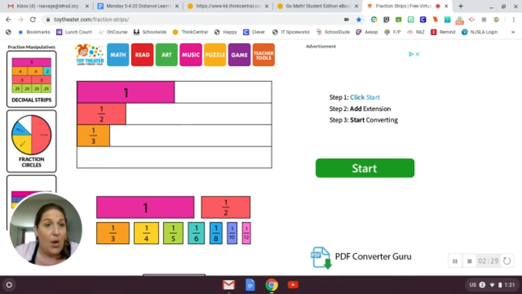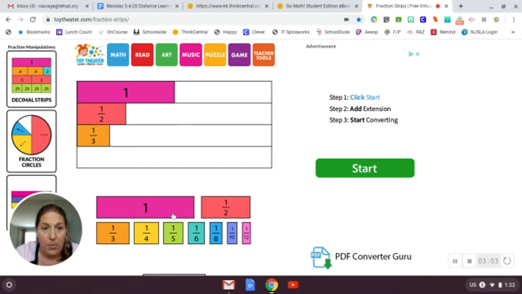Now, from looking at 1/2 and 1/3, look at the actual size of the strip. So this pink one from here to here. Look at 1/3, this orange one from here to here, okay? The actual size of it. Which fraction there is bigger? This is why I love fraction strips, because you can visually see that 1/2 is larger, it's a larger amount than 1/3 because it's longer, okay?